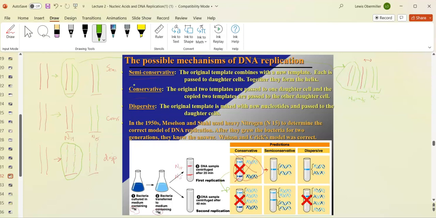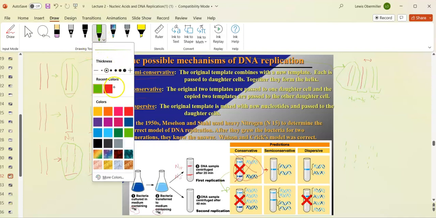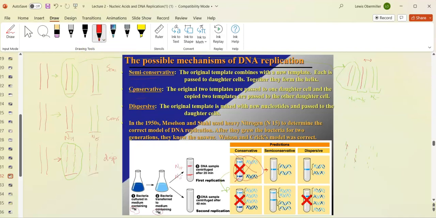Here, this one, if it was still dispersive, even after the second round, they would all be blown up equally and then stitched back together equally. So this would never change. It would always be partially light nitrogen and partially heavy nitrogen.